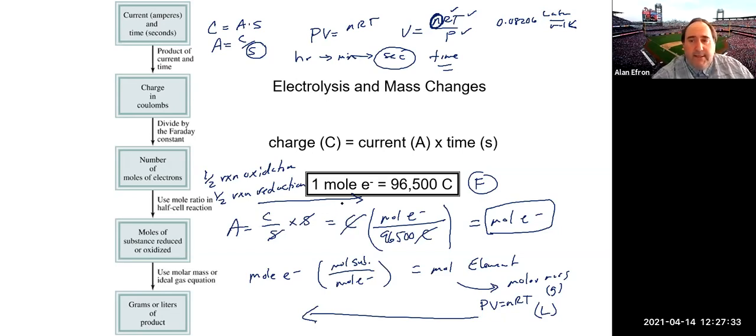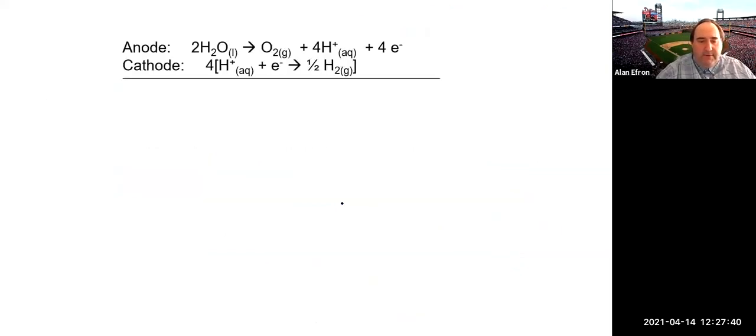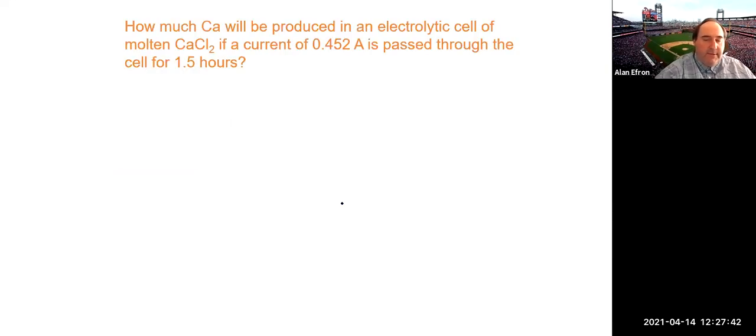All right, so let us take a look at one here and see what we could do. Actually, I'm going to skip this and we'll come back to this one. And we'll start with this one here just to show you how this calculation goes.